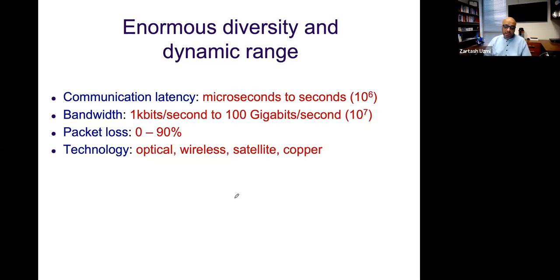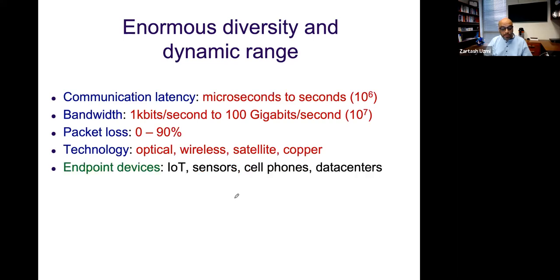Similarly, there is huge diversity in the technology. We have optical technology, wireless technologies, satellite links, copper cables or coaxial cable. All of these are various different technologies over which the data can flow. Similarly, we can have a diversity in the endpoint devices.